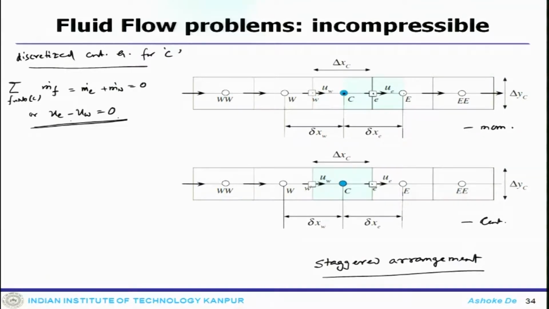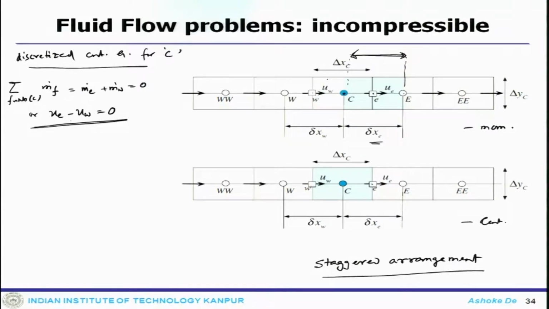On top of that, the momentum equation is integrated over elements similar to element C. Now, for the integration of velocity component E, the effective cell which is considered is this one, which will have a cell length of delta x suffix E. You can see your scalars are stored at the cell center.